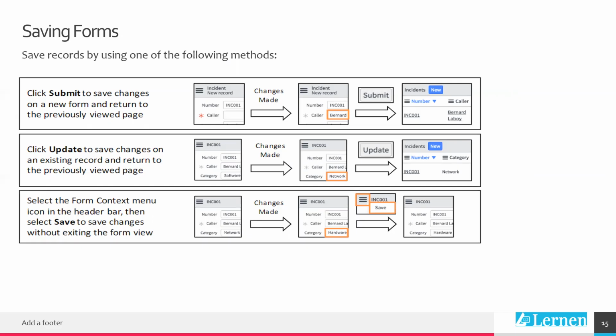Exactly, update is to save changes on an existing record. And that takes you back to your incident list. Not the incident list, the previously viewed page. Any page it can be.